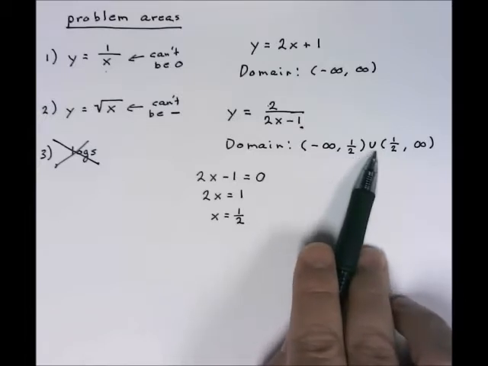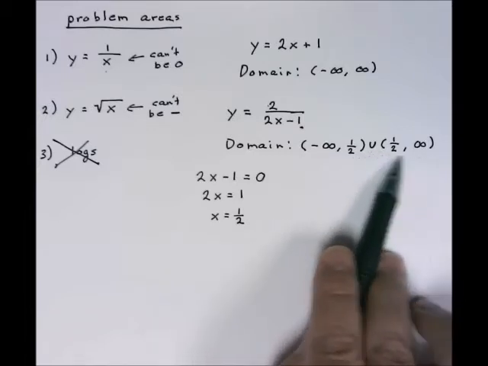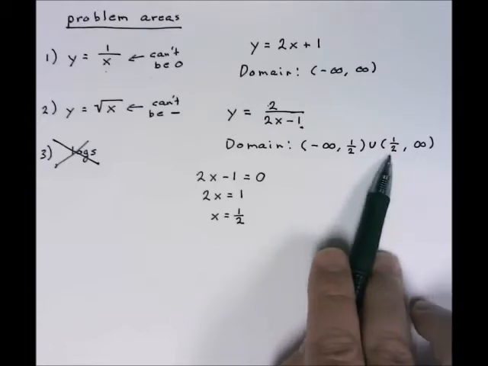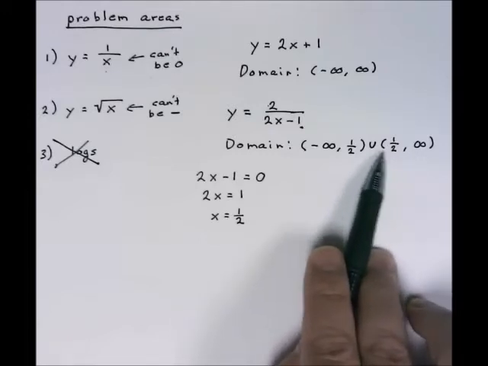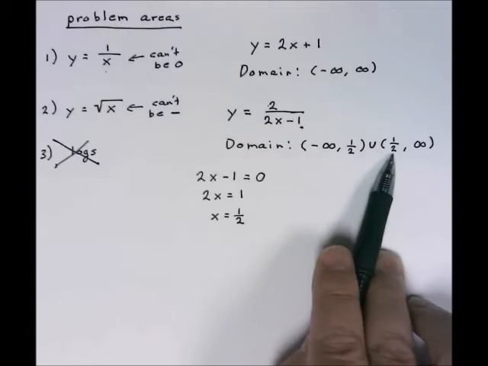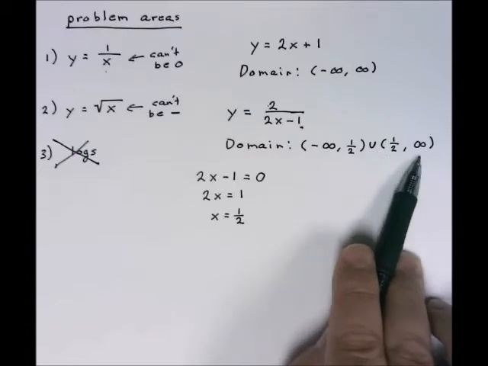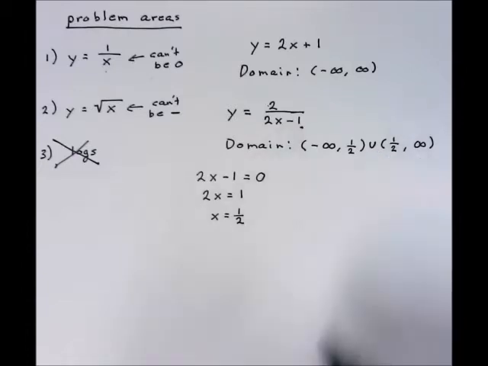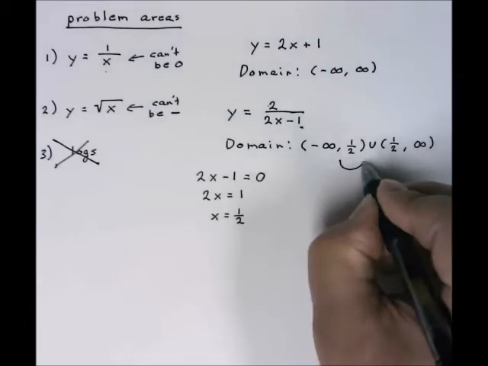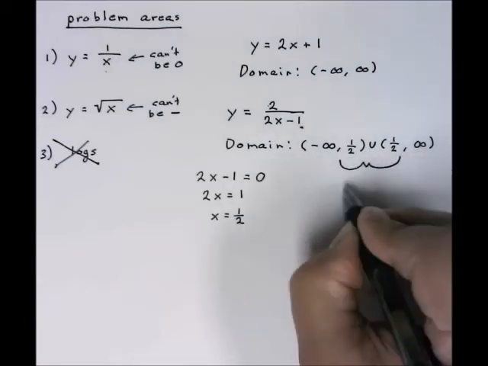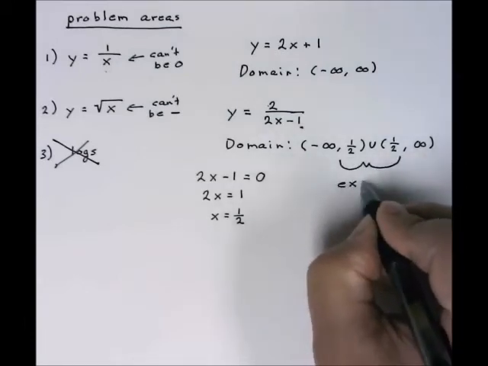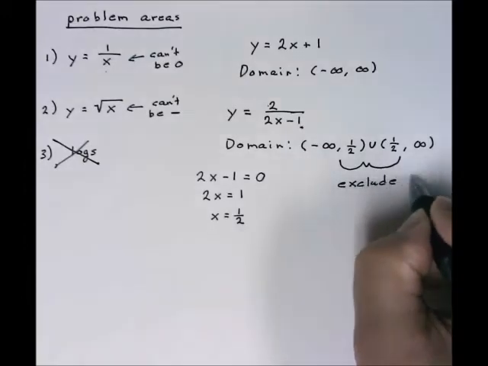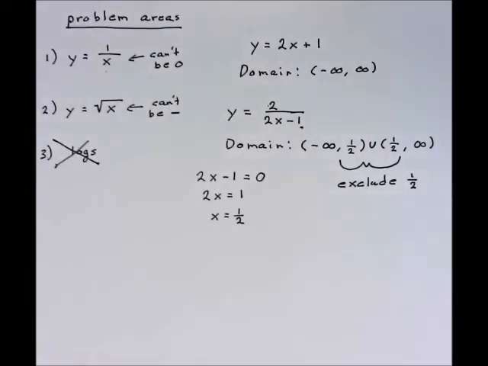And I'm unioning it with this little interval. It starts almost at 1/2, but not quite, because remember that open bracket means I'm not including the 1/2, and goes up to infinity. So if we exclude points, we add that little bit of notation in. So that little 1/2 with the union sign and the other 1/2 means we're excluding the 1/2.